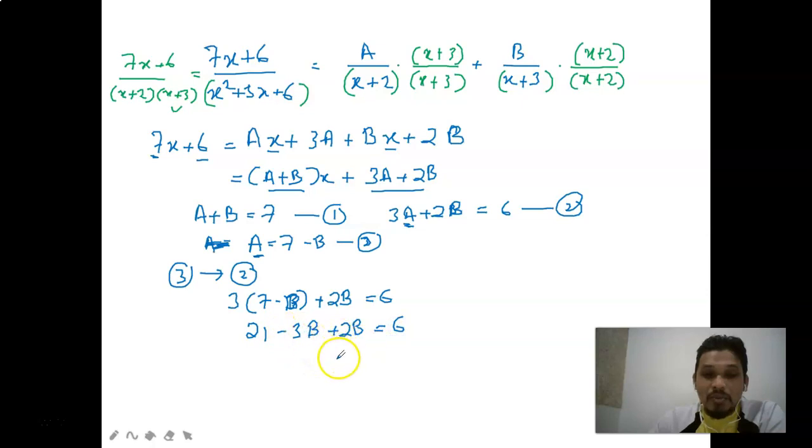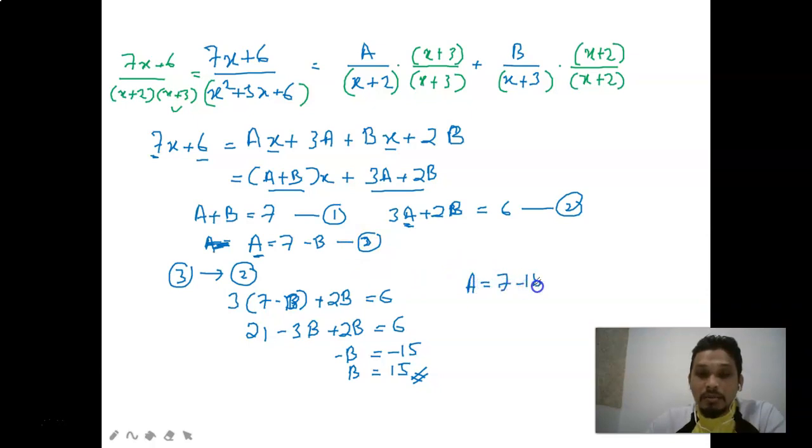Negative 3B plus 2B, negative B equal to negative 21 plus 6, bringing the 21 over to become negative. So 6 minus 21, negative 15, and B equal to 15. Okay, and then when B equal to 15, substitute into equation 3 here, then A equal to 7 minus 15. Then A equal to negative 8. Okay, class.